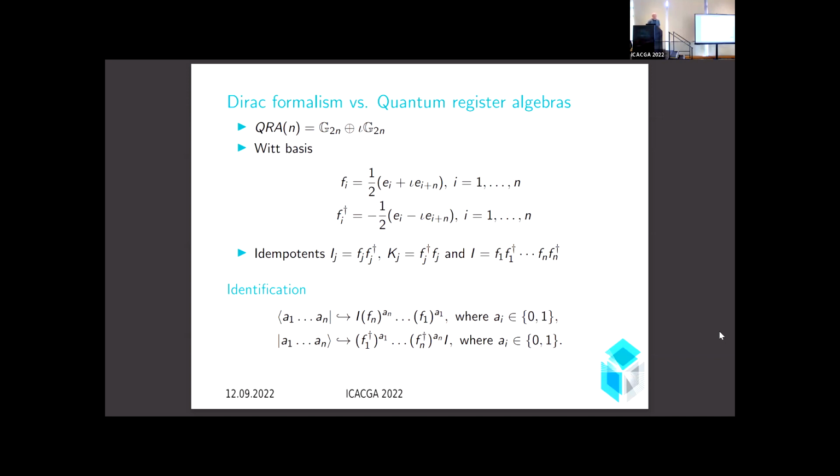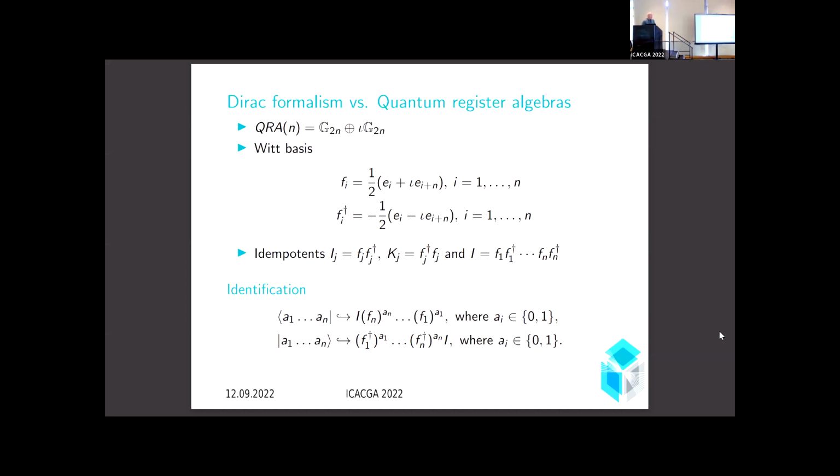And in this algebra, we choose the so-called Witt basis. The Witt basis is a different basis of the geometric algebra such that all elements of this basis square to 0, and we can directly write any element of n-qubit states from Dirac formalism into our algebra.